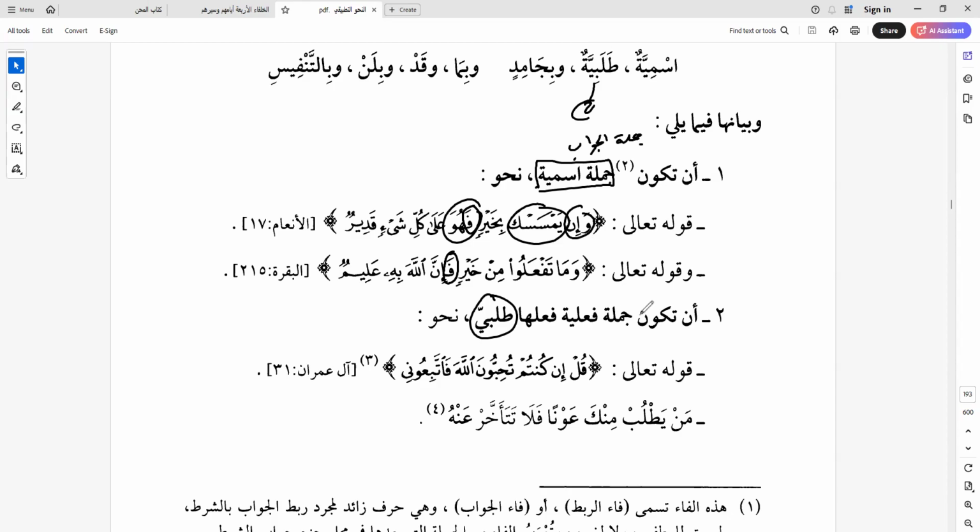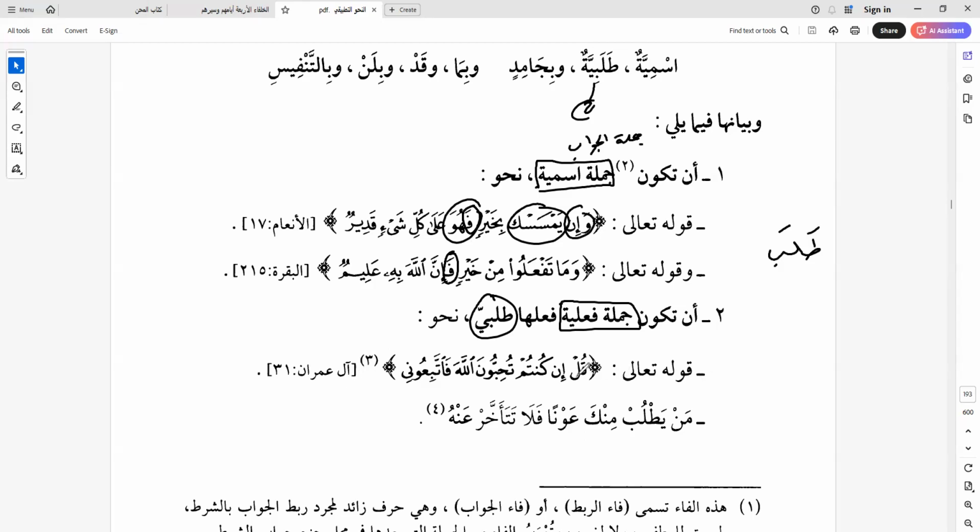Now, what we are saying is that the جملة الجواب must be جملة فعلية. Remember, jumlatul fi'liyya starts with fail. However, the fail in that jumlatul fi'liyya must be talabi. It must command, it must demand, it must require somebody to do something. And that is talab. So let's look at some examples.